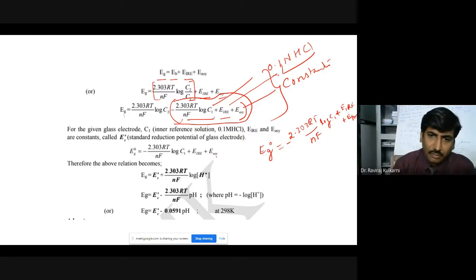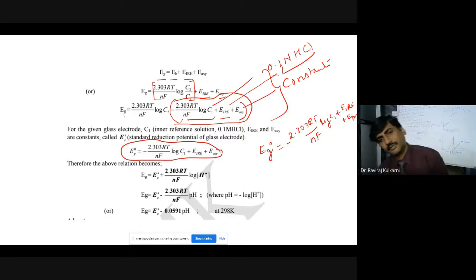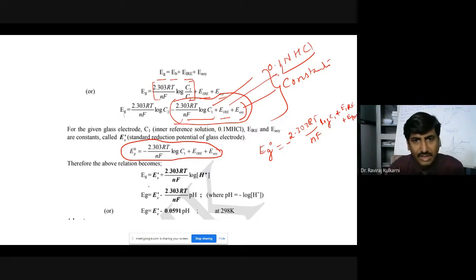So I'll define one more constant. I'll call it the standard reduction potential of glass. Okay, that's a constant. Its value is minus 2.303 RT by nF log of C1, EIRE plus asymmetric. All the three constants I merged and I made one more constant. Okay, right.